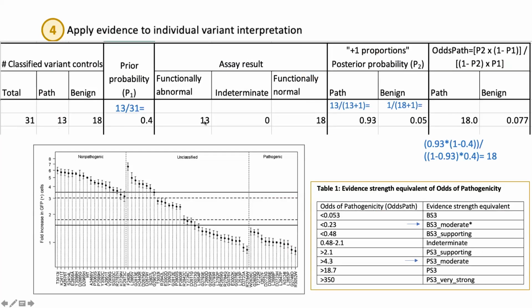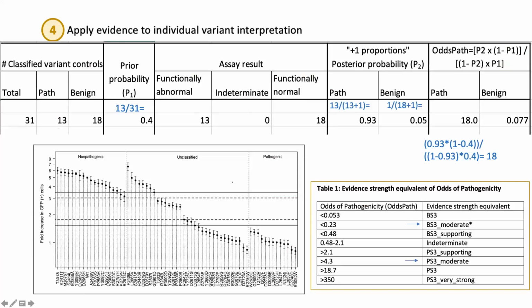If you say that your assay result is all of these functionally abnormal, no, it's this one, yeah. The functionally abnormal results are below your threshold, so they were called damaging or abnormal, then all 13 would go here.